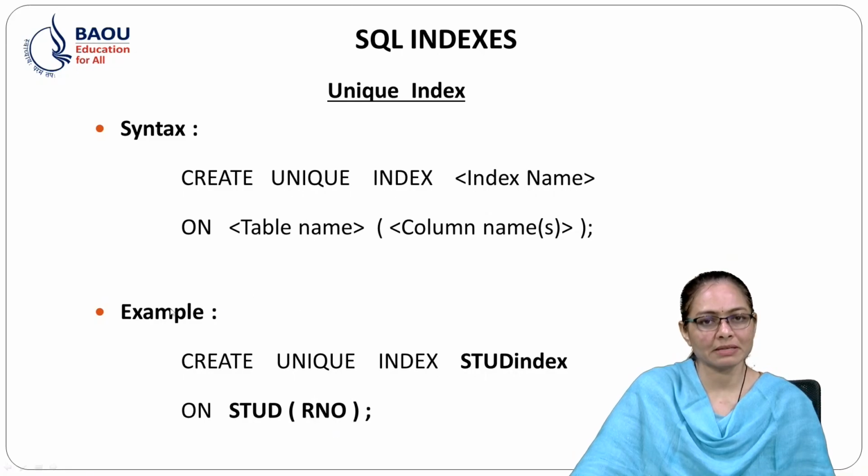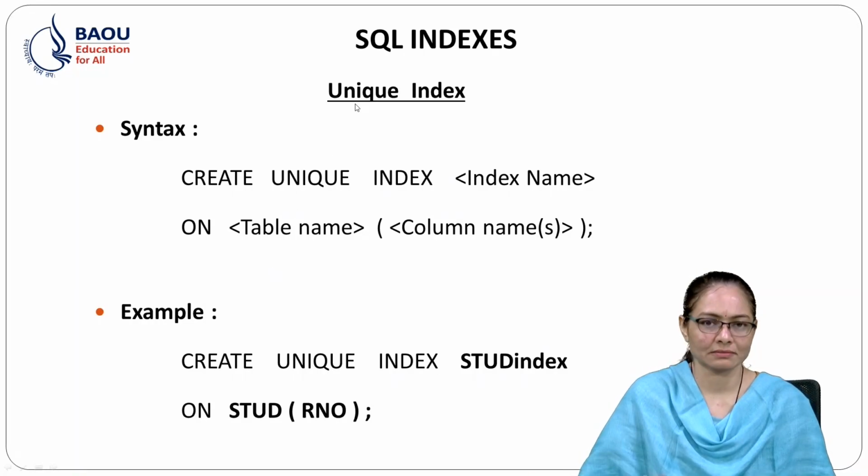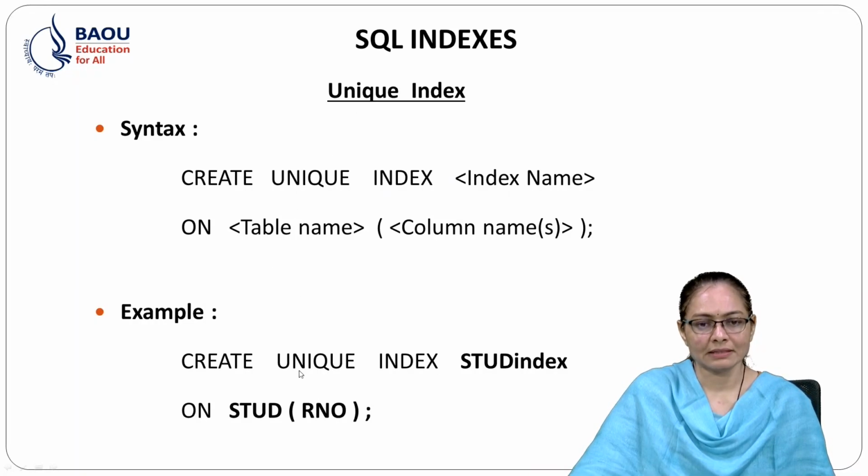It is the same as the previous single column index, but here we use the keyword unique. So it will create the unique index, and this index includes unique roll numbers. It will not include duplicate roll numbers in this index.